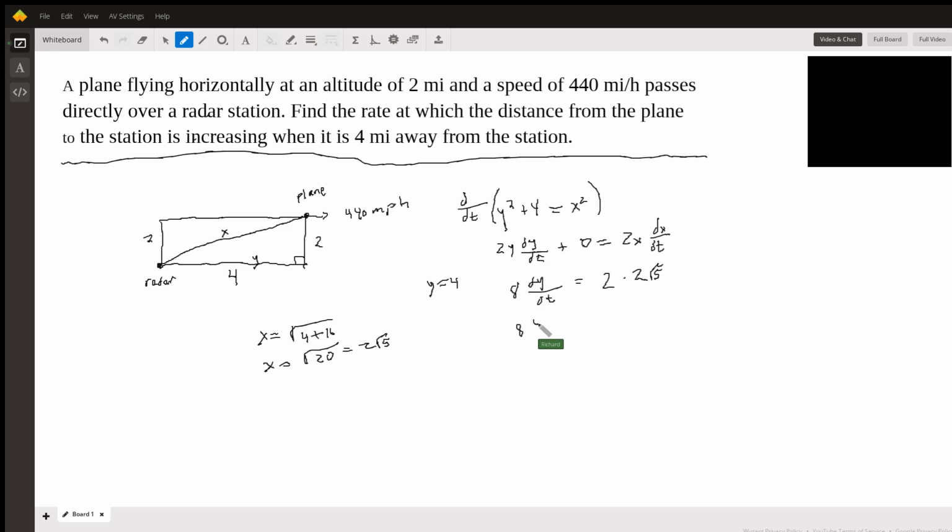So we have 8 times 440 equals 4 root 5 dx/dt. dx/dt is what we're solving for. Okay, so now it's just calculator time. We know when this is 4 and this is 2, this has to be 2 root 5.